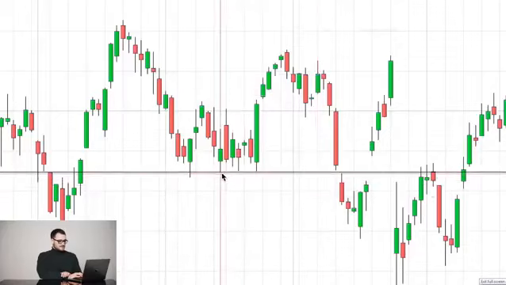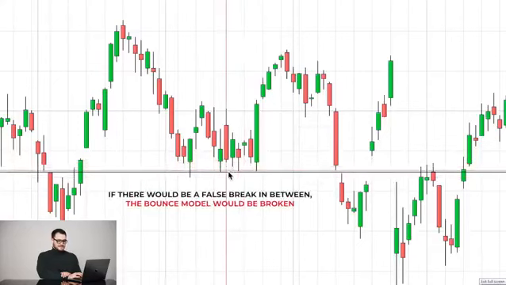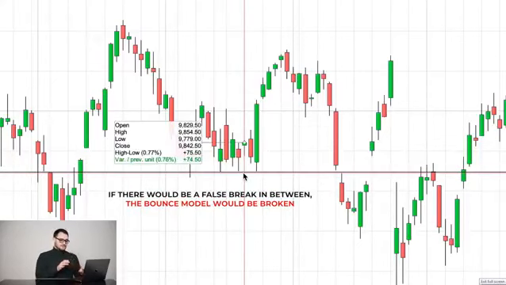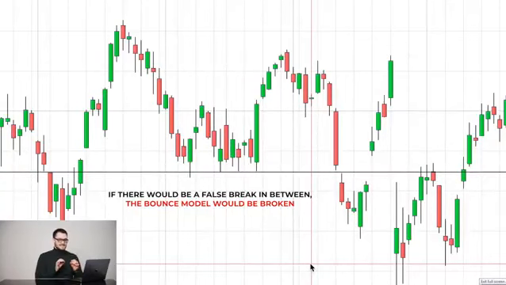Now here you can see that there are no interruptions in between the CSLs and no false breaks in between. So once again, if there were a false break in between these CSLs, then the model of the bounce trading would be broken. We need these candles to be hitting precisely into the level one after the other.